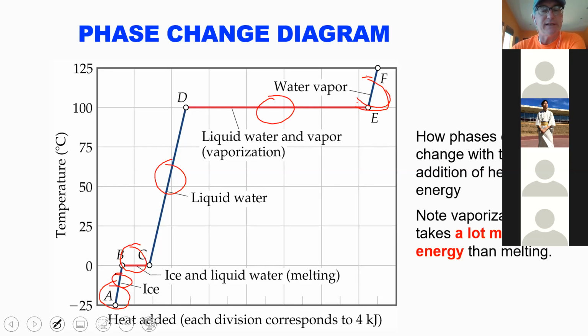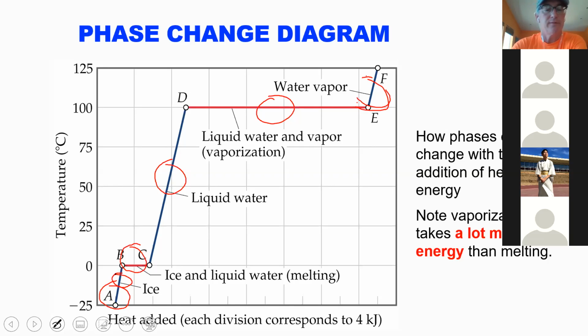So as you add heat to ice, the ice doesn't start to melt immediately, right? Ice doesn't melt until it gets to what temperature? What temperature does ice need to get to before it starts melting? Zero, right.